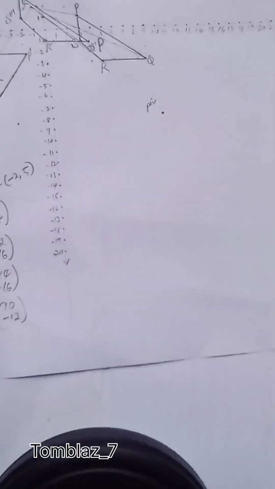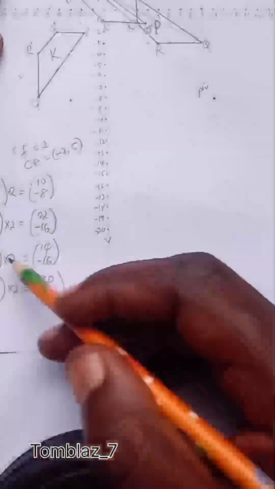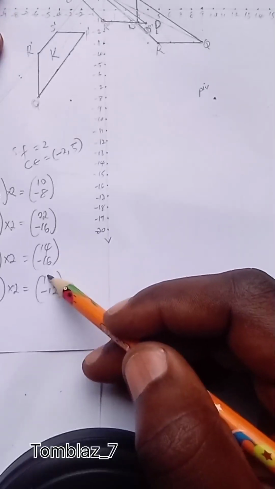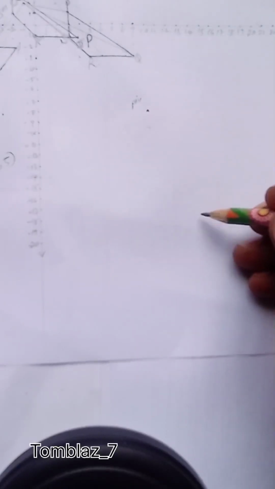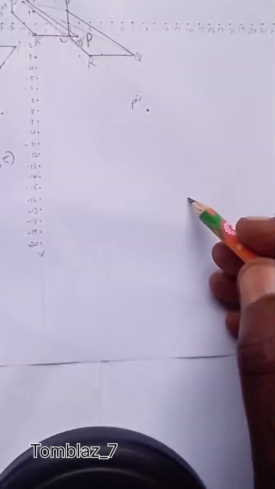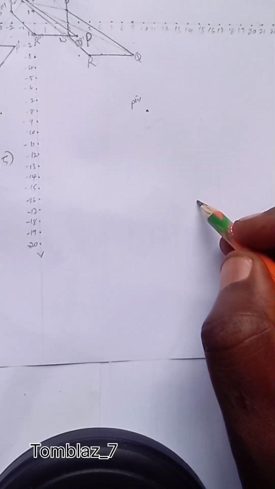All right, so let's go to the one for R. R here says 14 and minus 16. So I have to trace 14 and minus 16. They will meet somewhere around this portion.